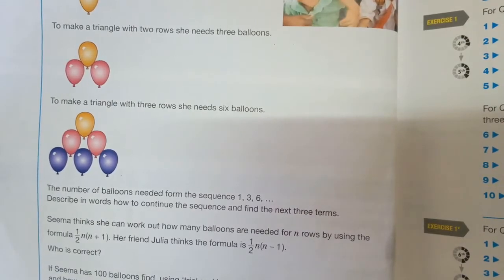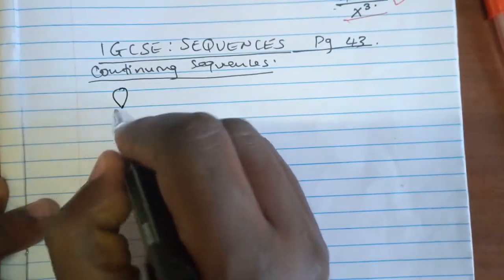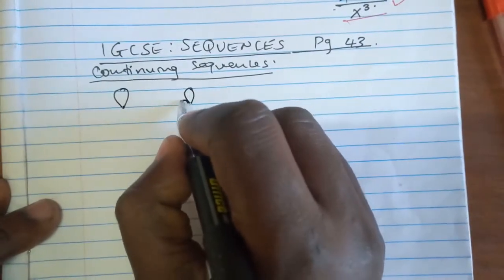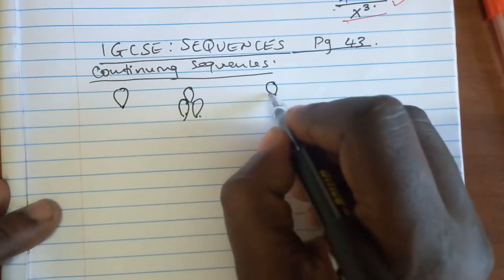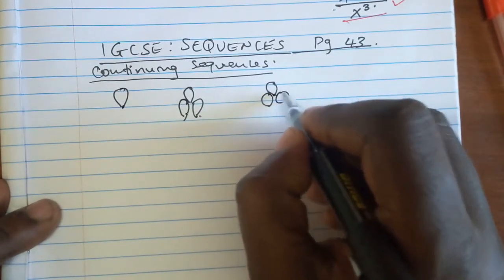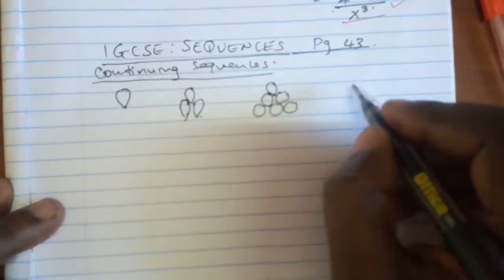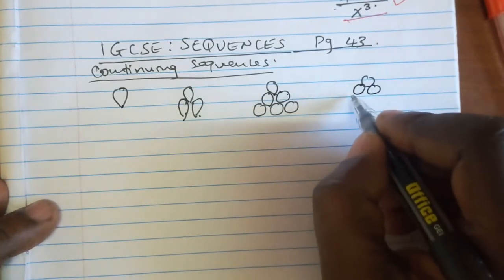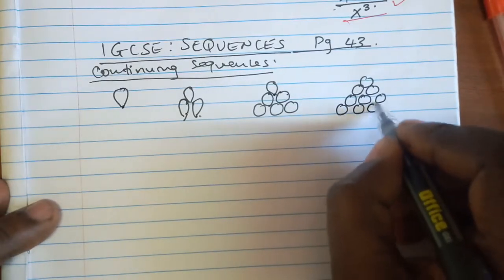Sometimes it's good to do things practically. You may have one balloon there, then the next row, then the third row, and of course the fourth row, 1, 2, 3, 4.